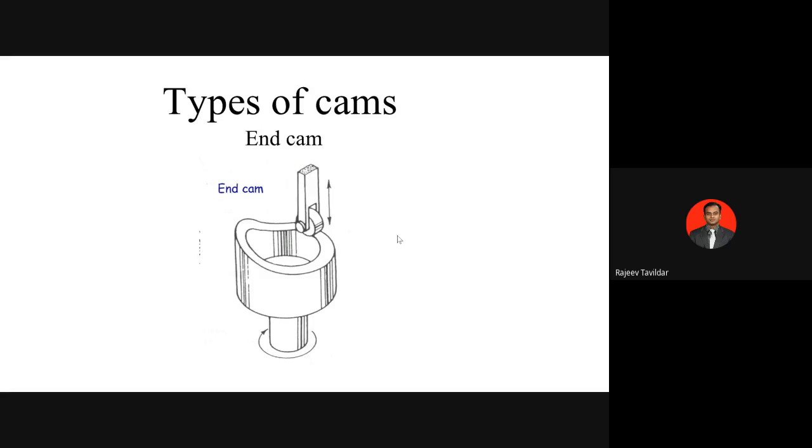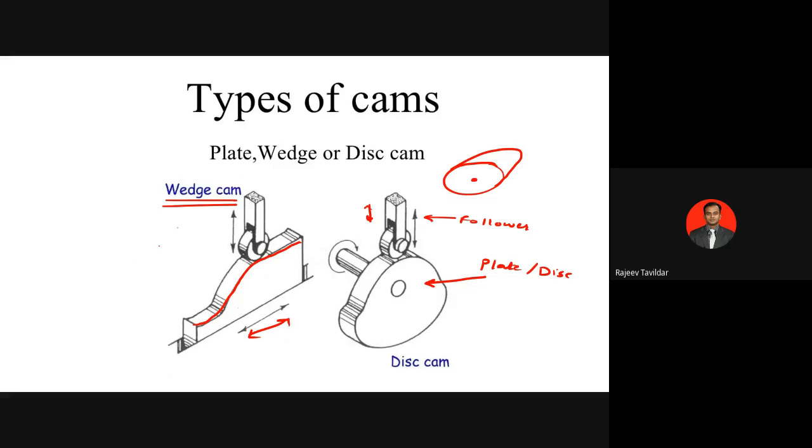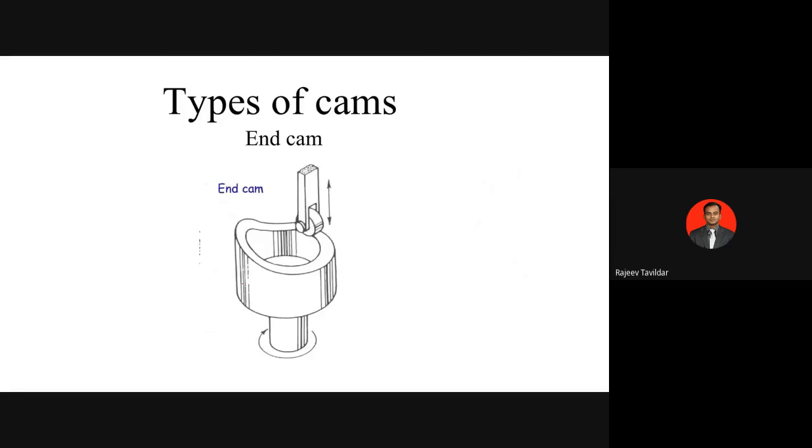This is the end cam. The end cam is again similar to the wedge, but if you see the wedge cam, it is planar. That means it has a single plane and it is flat. But in the end cam, a profile is cut onto a cylinder in such a way that it forms a particular shape.